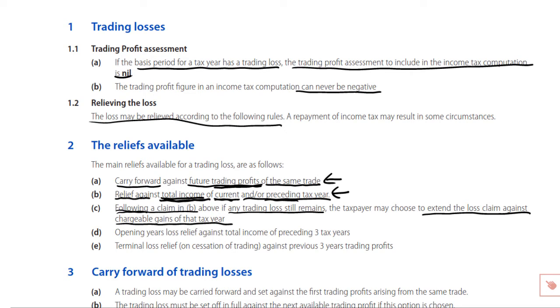Now we do not as yet know how to calculate our gains of a tax year to know whether this might be advisable, worthwhile, useful or not. But at least it's another option that does exist for us, and we'll see that later. But that claim in point C here is only available in a tax year where you've already made a claim against total income and you still have loss left over.